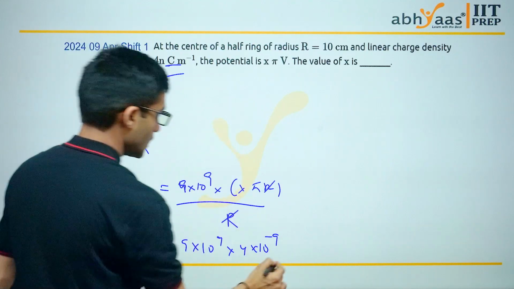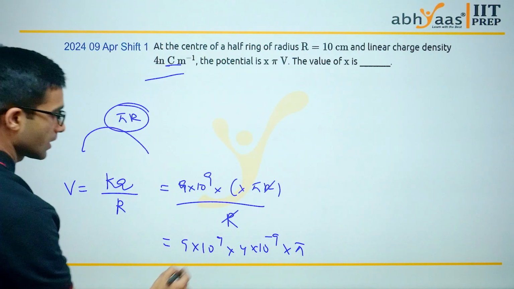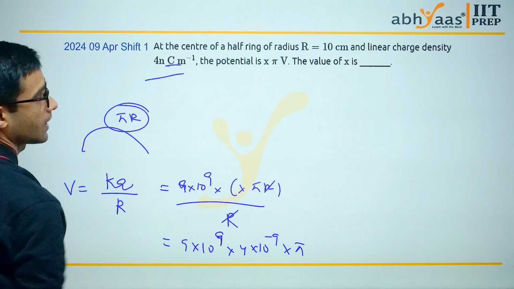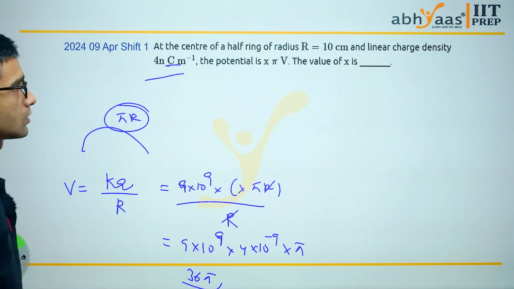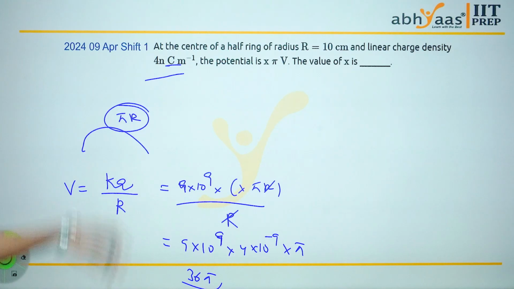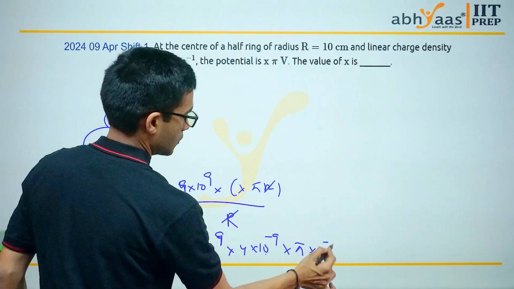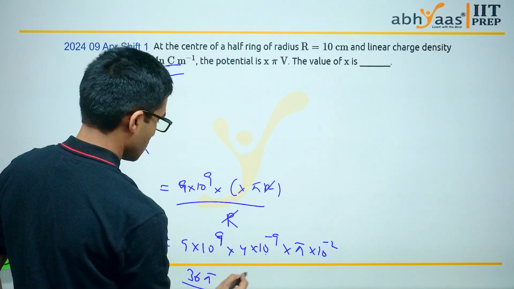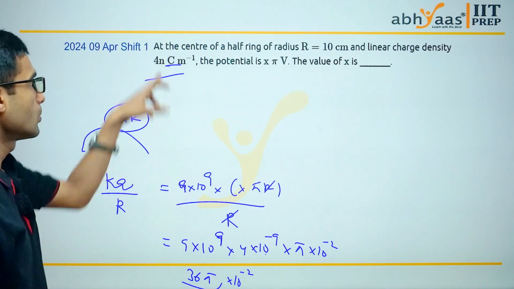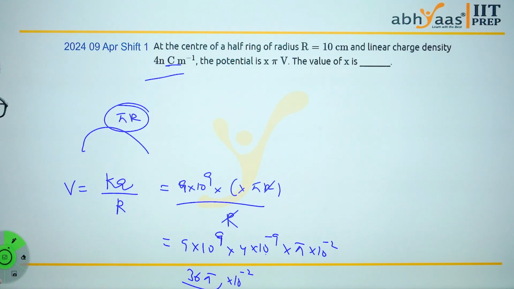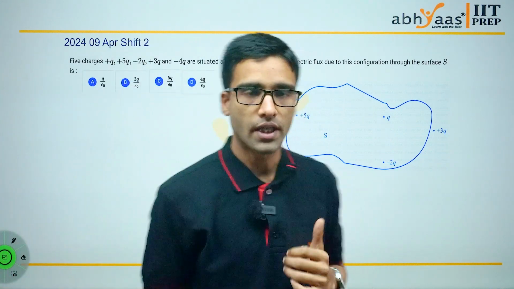Finally, the pi value is given. 9 into 4 is 36, both cancelled, so that is 36 pi. Okay, this is the answer. X equals 36. If you want to convert into meters, 10 power minus 2 will be there, so it will be like this, because here coulomb per meter is given. So that's why.